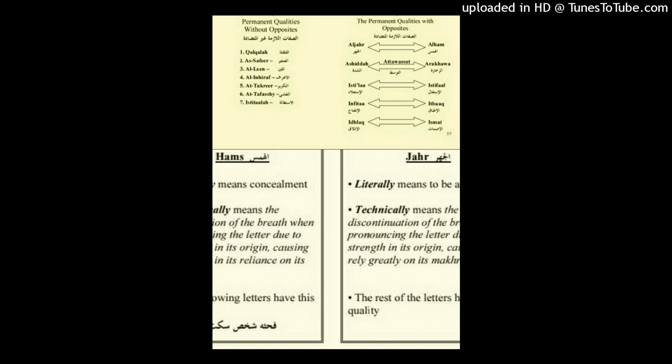It makes it a weak letter, and those letters having this quality are fa, ha, tha, ha, sheen, ha, sad, seen, kaf, and ta. So those letters are collected in فحثه شخص سكت.